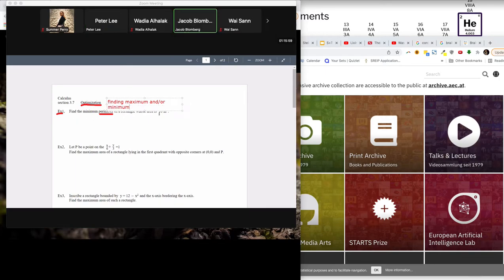Professor, do we use Newton's method in this section? Oh, Newton's method, I'm skipping it, by the way. I think Newton's method is section 3.8, which I'm going to skip, because I'm running out of time, and also Newton's method is not a prerequisite to any of the later sections.